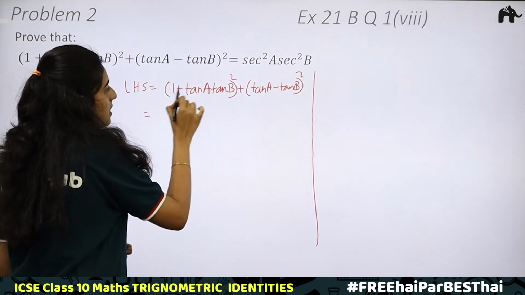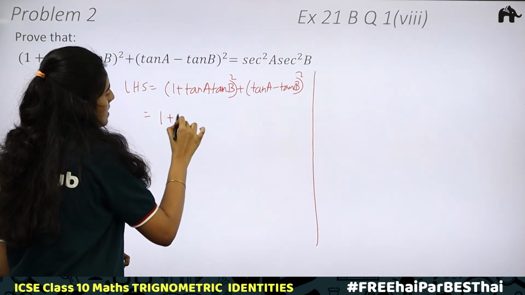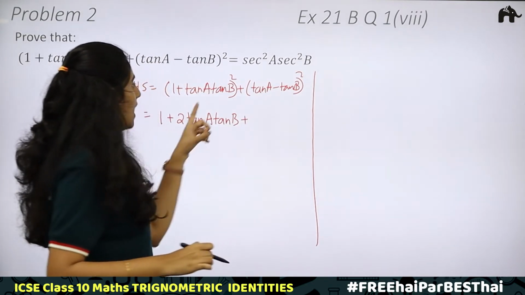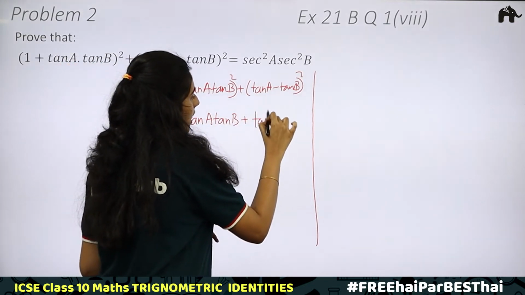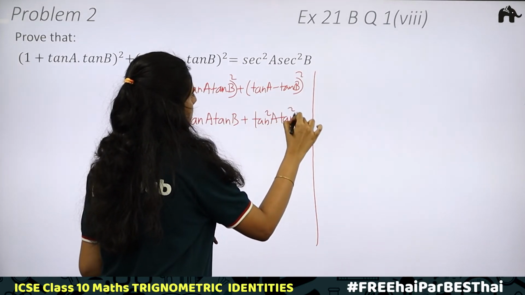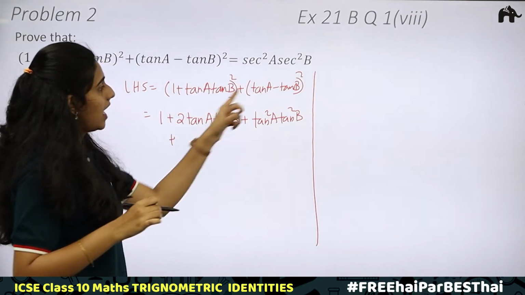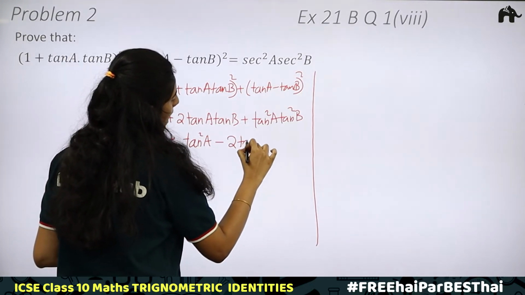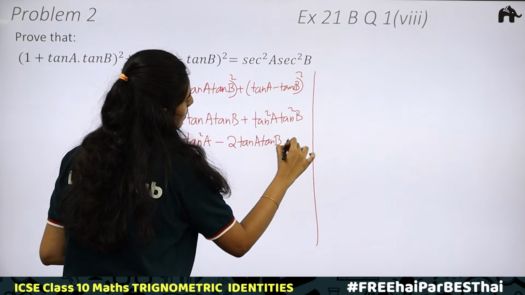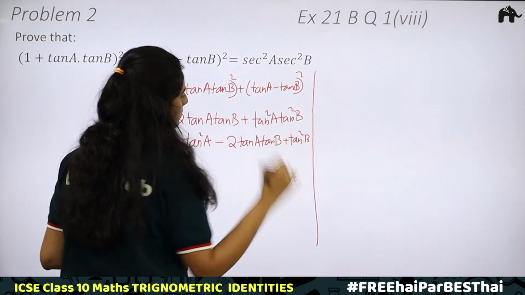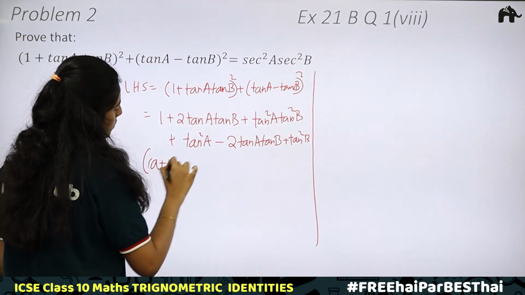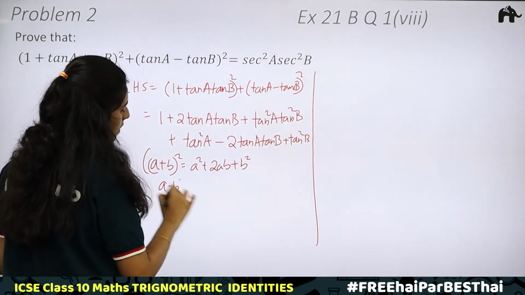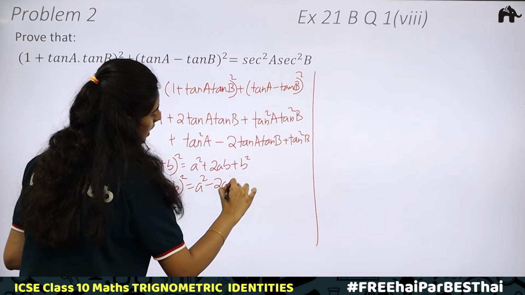So applying the formulas, (1 + tan A tan B) whole square will be 1 + 2 tan A tan B + tan square A tan square B, plus (tan A - tan B) whole square will be tan square A - 2 tan A tan B + tan square B. Here we have used (a + b) whole square equals a square + 2ab + b square, and (a - b) whole square equals a square - 2ab + b square.